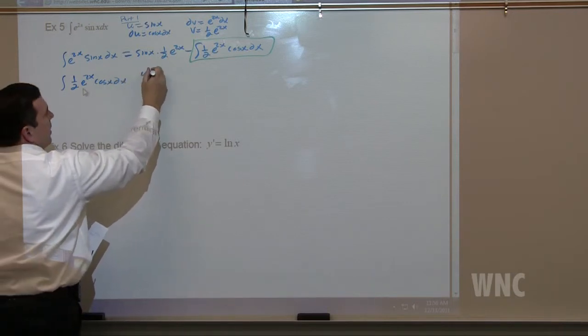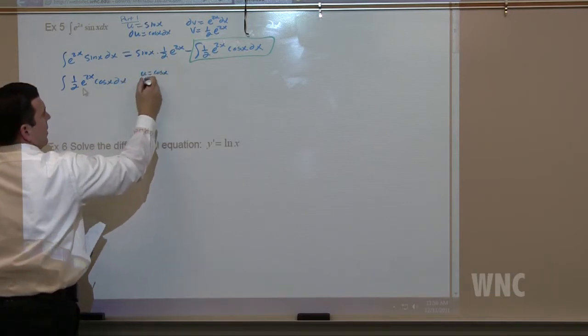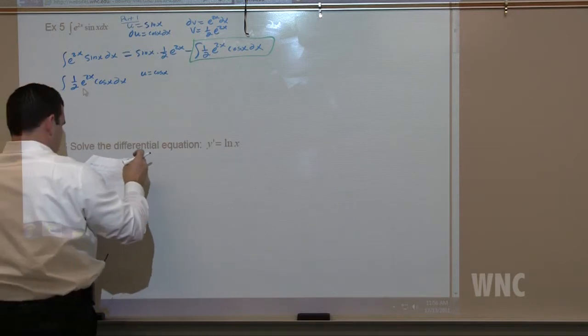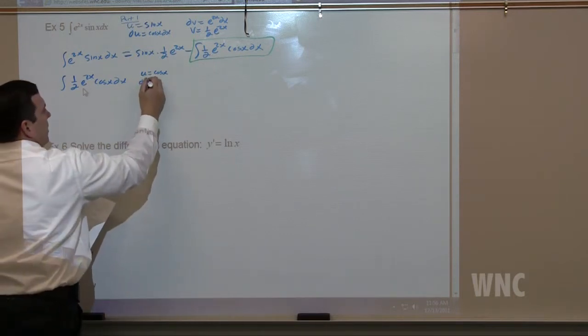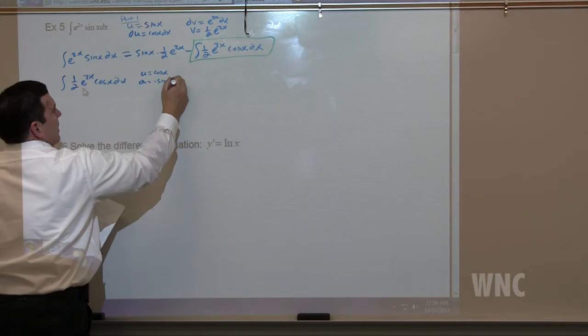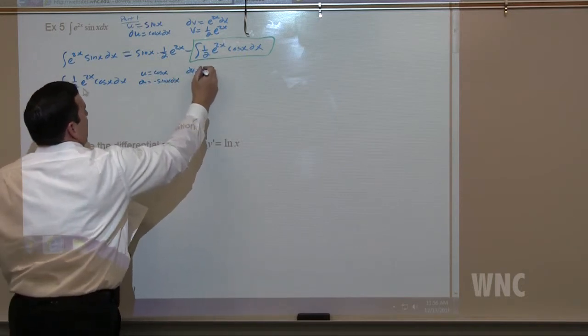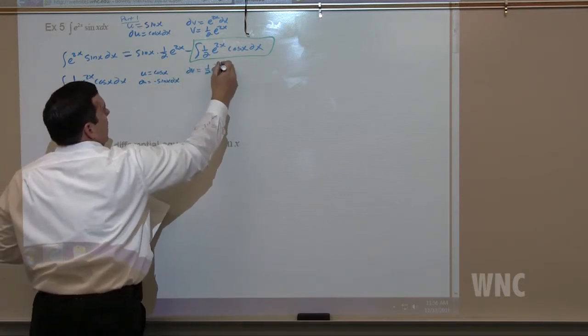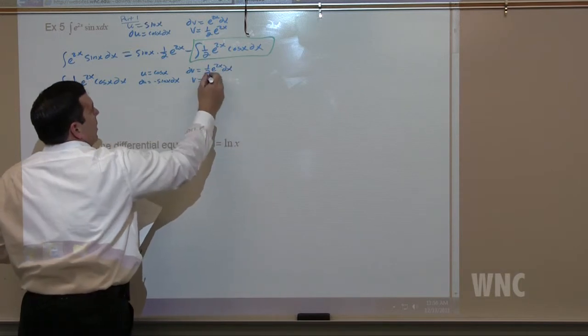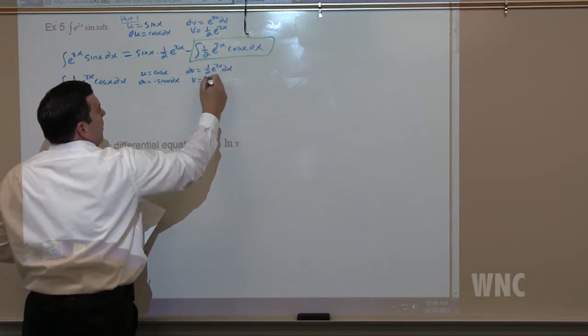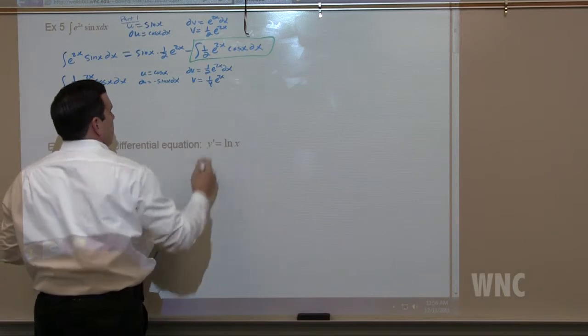And in this case, we say u equals cosine x. So that du is negative sine x dx. Our dv would be 1/2 e to the 2x dx. And v would be, this integration would be 1/4 e to the 2x.